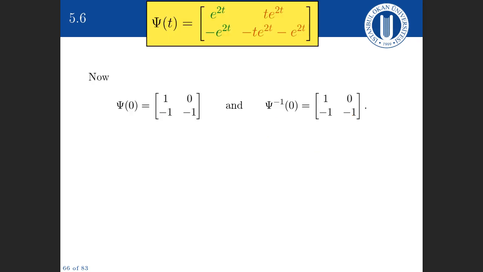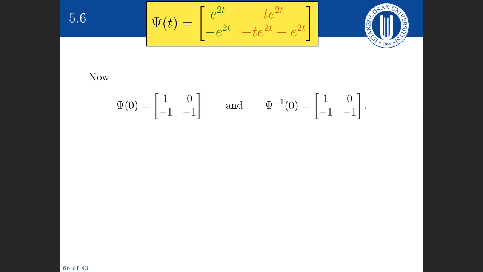Rewrite this at the top. Now, we also want to find the special fundamental matrix which satisfies capital phi of 0 is the identity. That's the same as the exponential of At. Now, if we take the fundamental matrix we've just found, and if we set t equal to 0, we get the matrix (1 0; -1 -1).